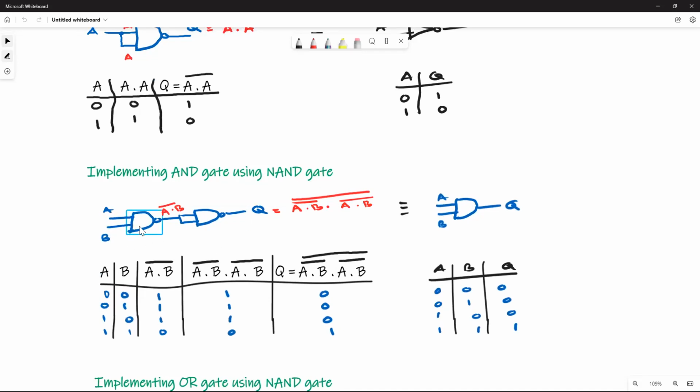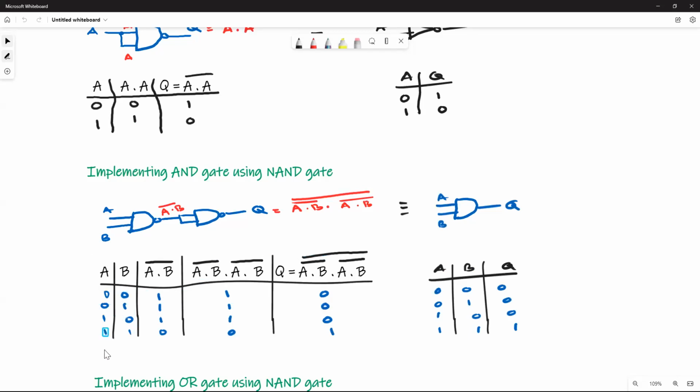The first NAND gate gives A dot B bar. And then we put a NOT here. You short circuit this, so basically this NAND gate acts as a NOT gate. When you look at the expression, you will get A dot B bar into A dot B bar bar.